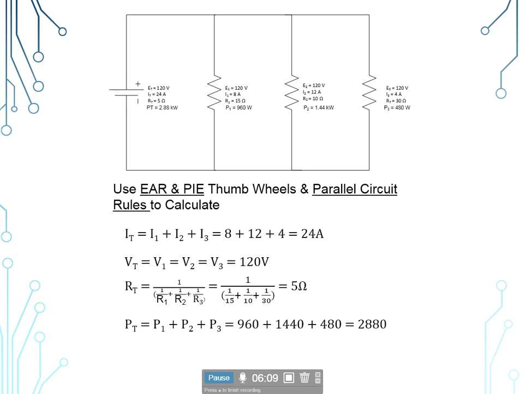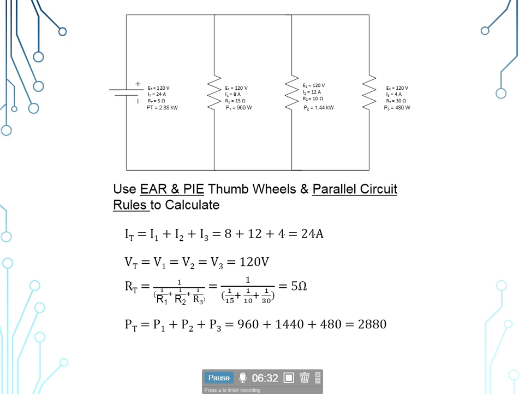In this case, the power of our first load, P sub 1, is 960 watts, P sub 2 is 1,440 watts, or we could say 1.44 kW, and then P sub 3 is 480 watts.